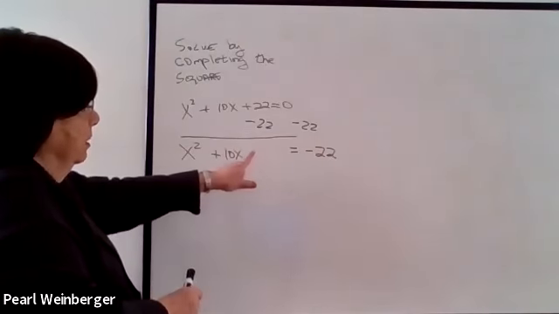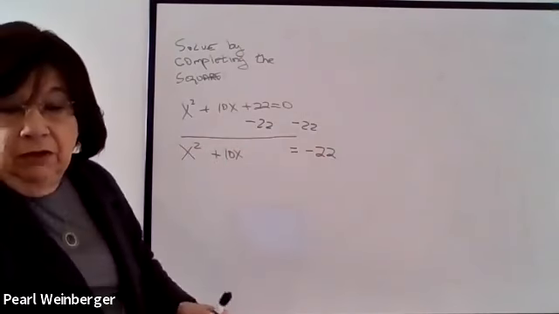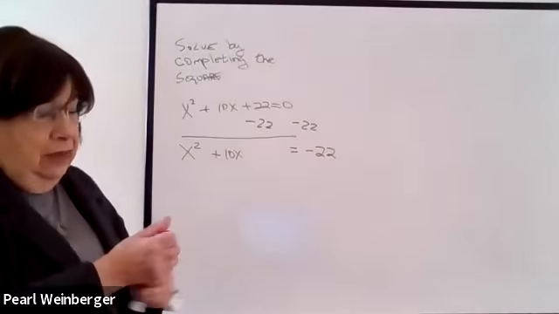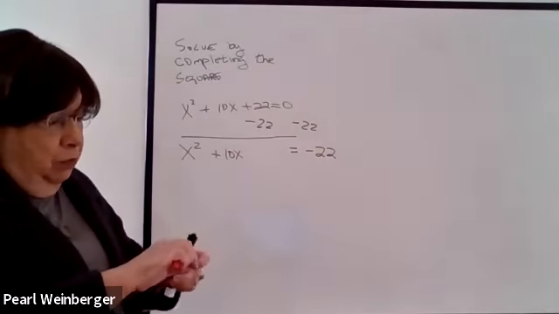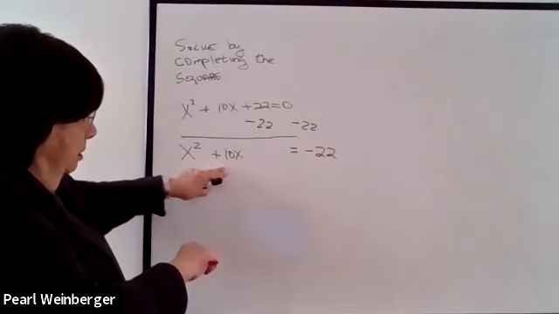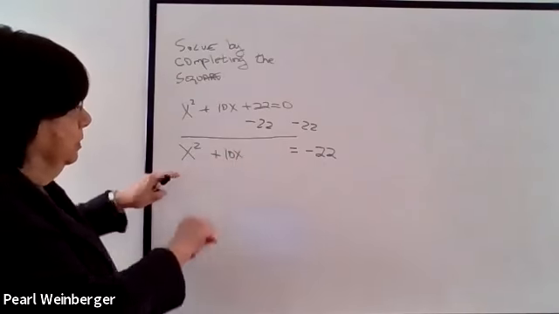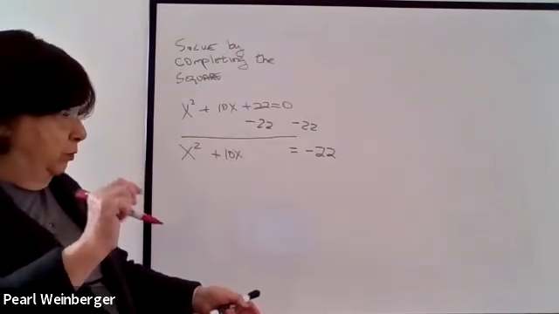Now notice I did leave a space here. The reason I left a space here is because I'm going to fill this in with a number that, if I add it, will give me a trinomial that's a perfect square of a binomial.